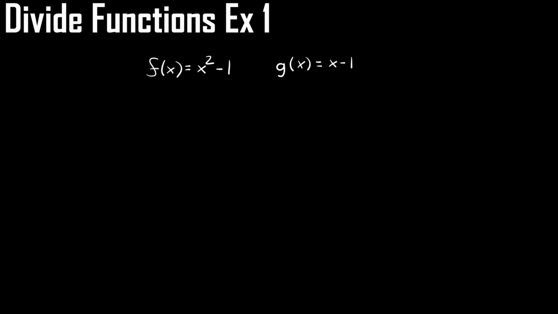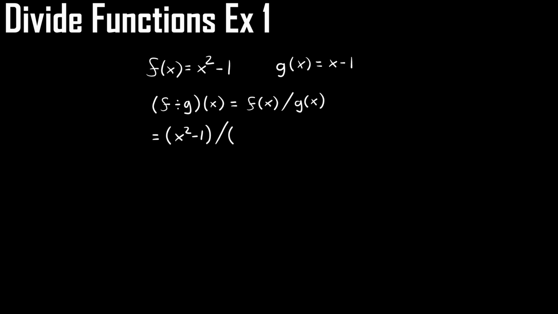And we want to find f divided by g of x, which equals f of x divided by g of x. So we'll start by plugging in our functions. So we're going to get x squared minus 1, which is f of x, divided by g of x, which is x minus 1.